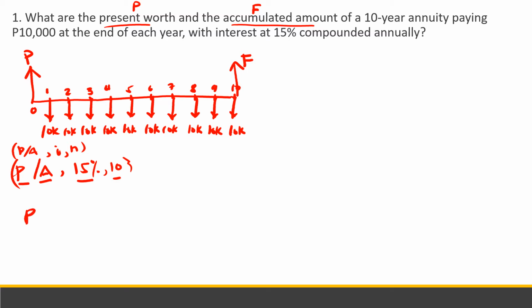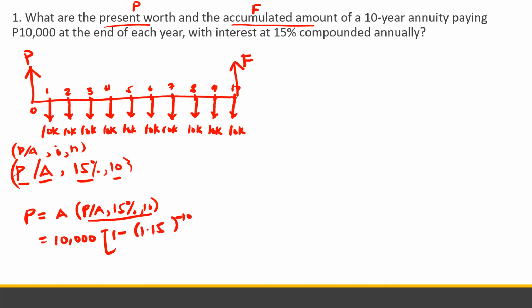So P is equal to A times the formula. This is 10,000, and this is the abbreviation of our formula: 1 minus 1.15 to the power of negative 10 over 0.15, that is 15%.